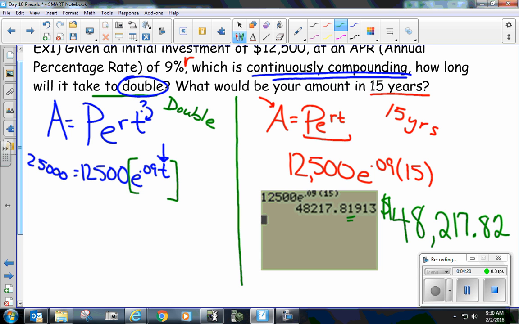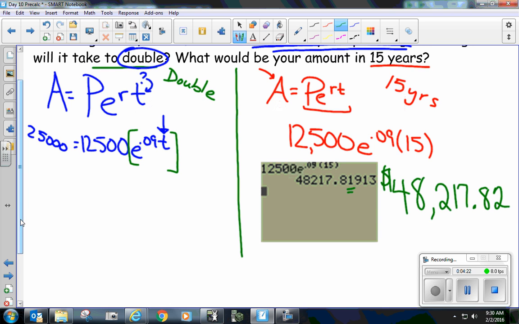Yes, good. I need to divide by 12,500. Both sides. And without using your calculator, the right side is e to the 0.09t. What's the left side? 2. We just said 25,000 was double 12,500. So if I divide it, it's going to give me 2.